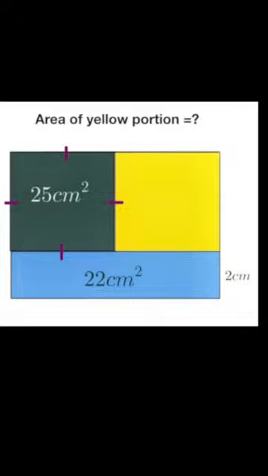Gangjen said 30, okay. Yes, Pinky, 25 is a square, not VMP 30. Trial and error, 30. Anish, 30. Length is 6 and breadth is 5.